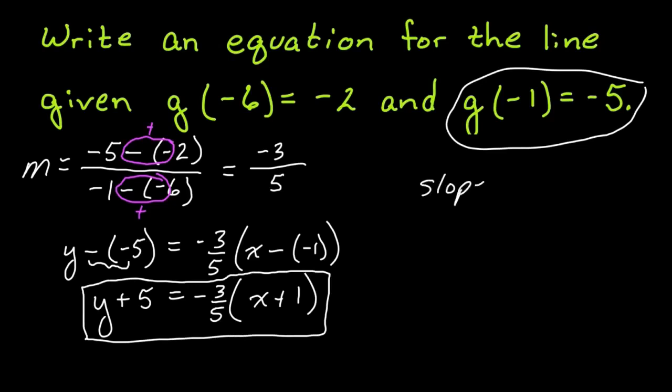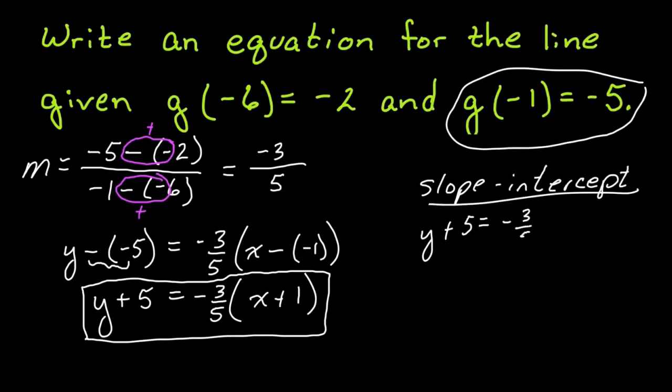And so, just for giggles, let's do slope-intercept. So first thing you're going to do is distribute, which would give you negative 3/5 x minus 3/5. And then you're going to subtract this 5 over to this side. Now, negative 3/5 minus 5 is the same thing as minus 5 over 1.